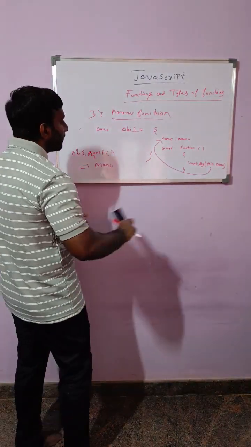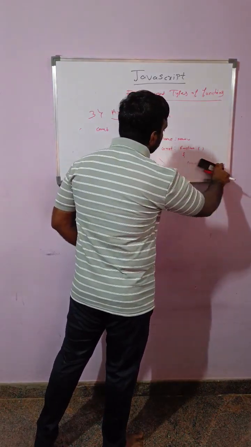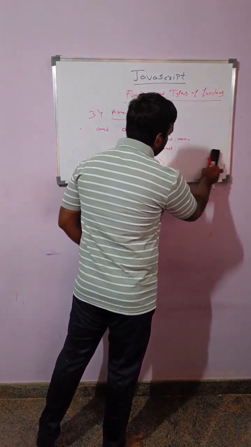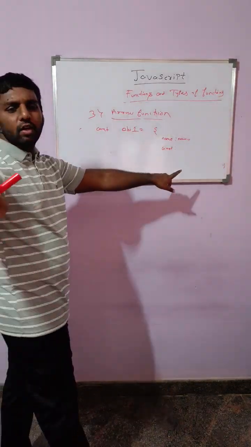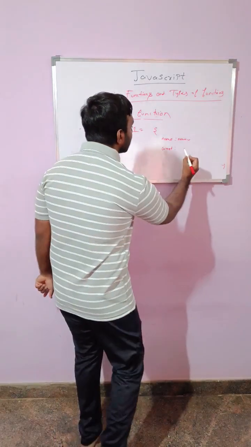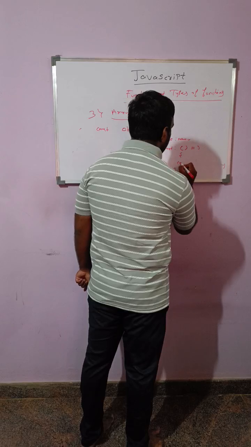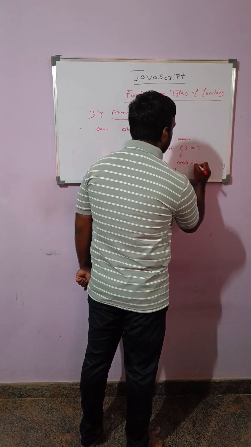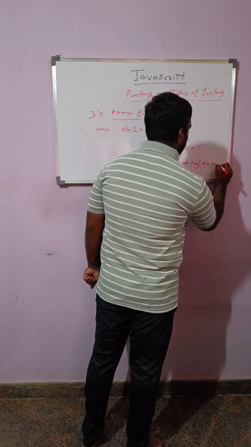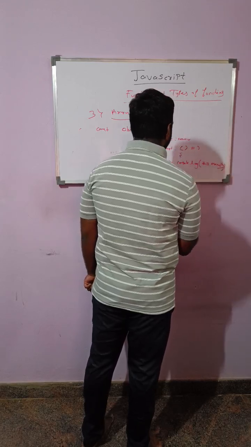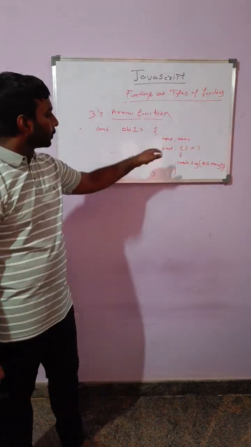Coming to the same example, consider the same example. In this greet function, instead of a regular function, I'm going to give an arrow function. I'm going to close this object.